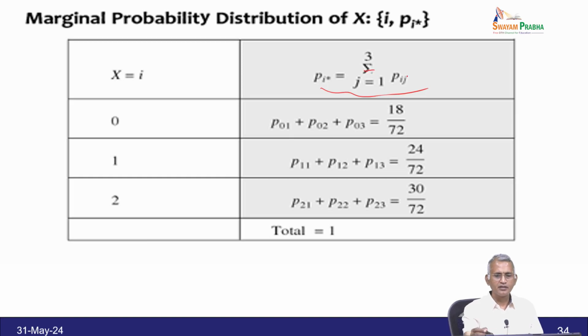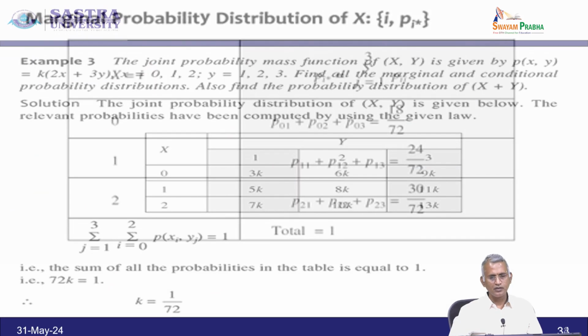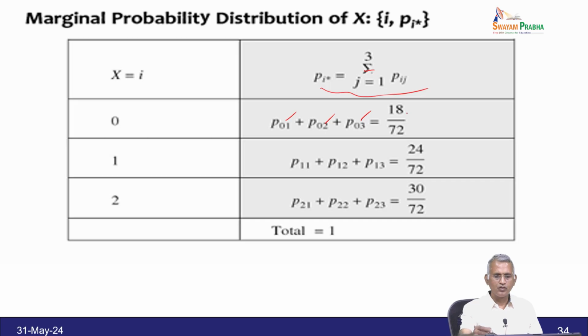It means i equal to 0 and j varies from 1 to 3, therefore p01, p02, p03, and we already found that P01 is 3k, where k equal to 1 by 72, and substitute. So, p01, p02, p03 will come, sum them, we have 18 by 72.